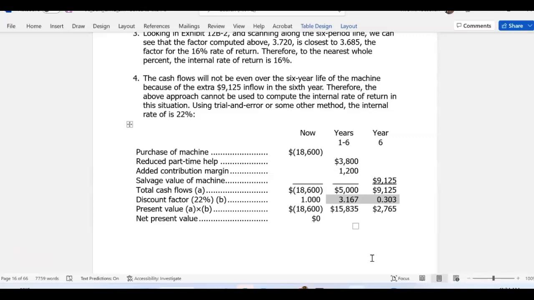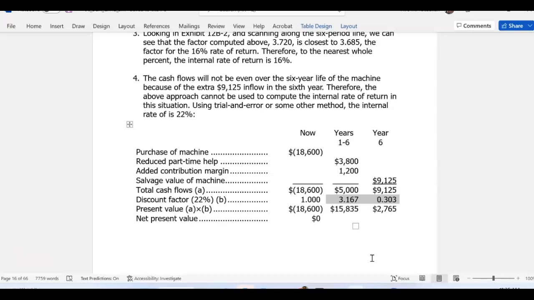That's how you calculate the internal rate of return of an investment that has some annuity payments or savings or cash flow, plus some present value of $1 one time, because it comes like salvage value at the end of year 6, just one time.